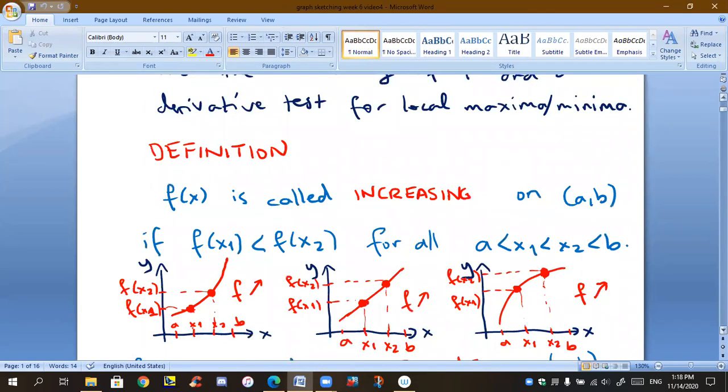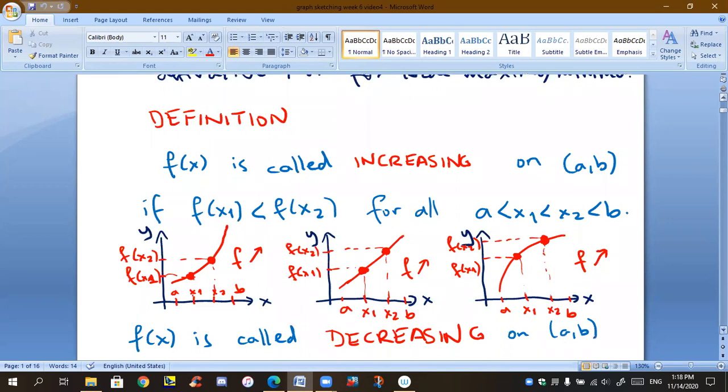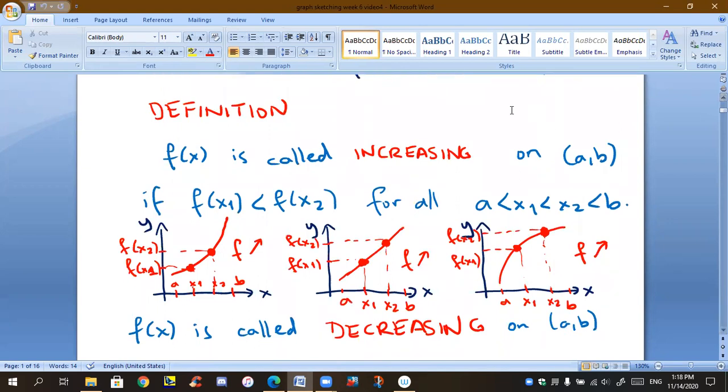So first of all, we have a bunch of definitions. One of them is: a function f is called increasing on an interval a to b if f of x1 is less than f of x2 for all x1 less than x2 in the interval. So if x1 increases to x2, then f of x1 increases to f of x2.